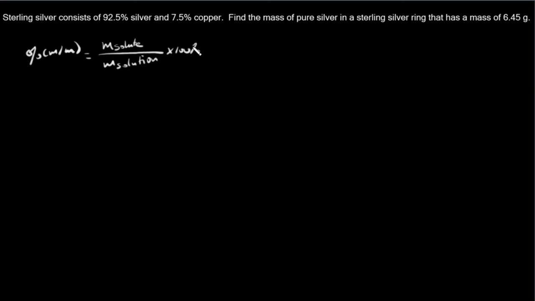Here we know that the mass of the ring is 6.45 grams, and 92.5% of that is silver. So I'm looking for the solute, the amount of silver, the thing that is dissolved, because the entire ring is my solution in this case.